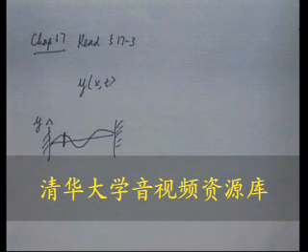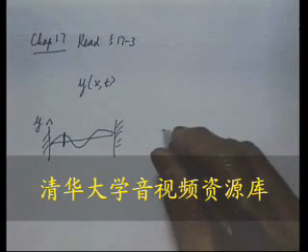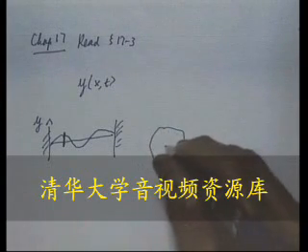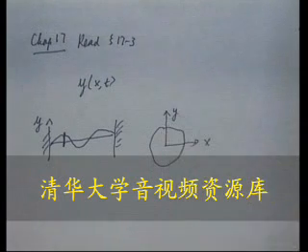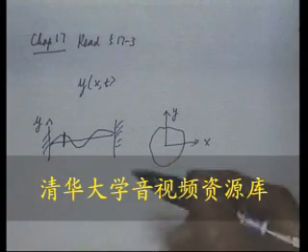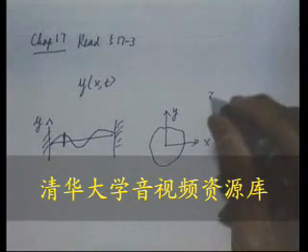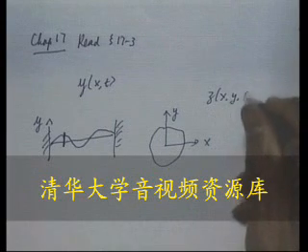And if it's a drum, then the surface of the drum would be moving. So you would have z of x, y, t.